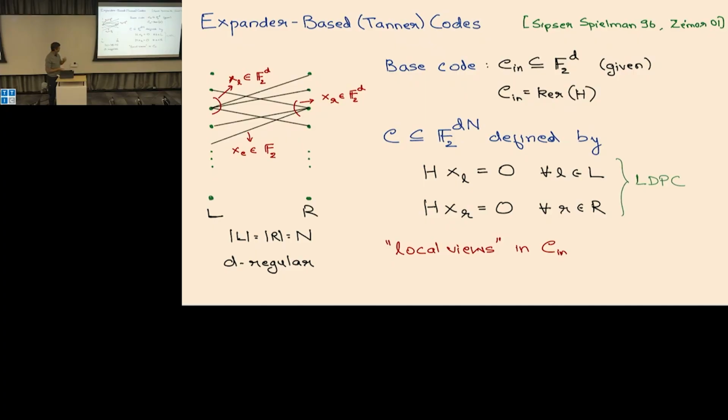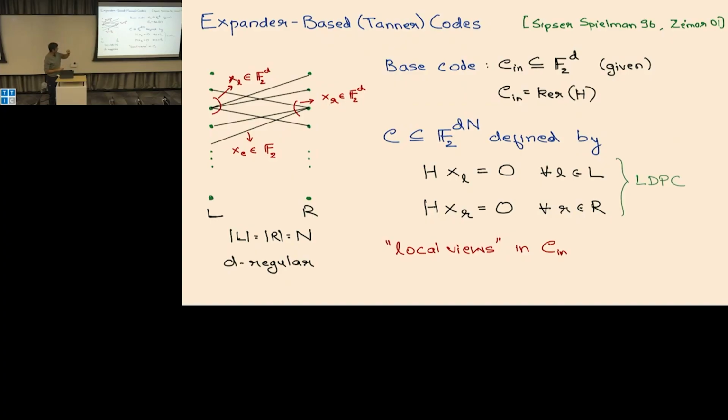And now, every vertex has a little code in F2 to the d, a very small one. And we'll think of this as a subspace, so a linear code. And we are going to look at all possible collections of bits on edges which satisfy the property that when every vertex looks at its own neighborhood, the d bits in its neighborhood are in this little code C sub n, or what's called the inner code.